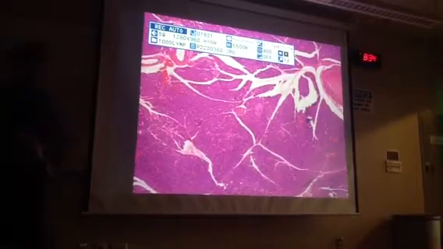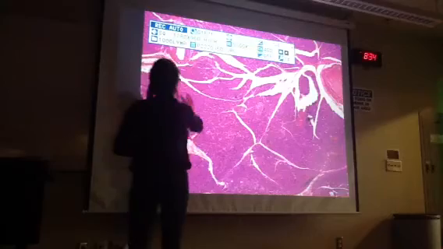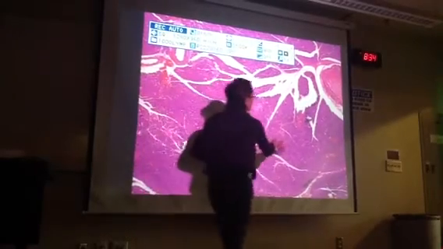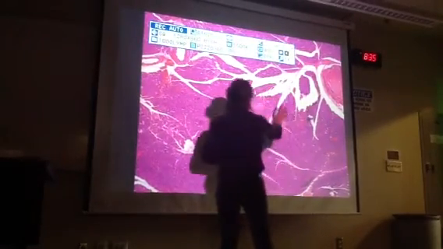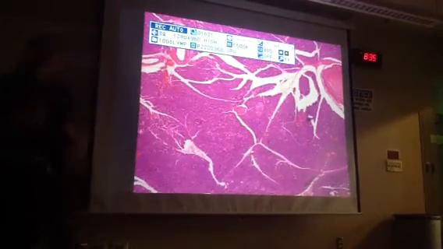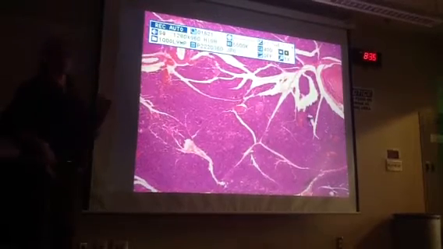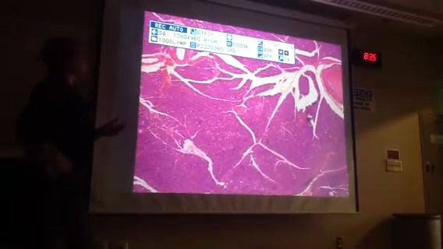This is at 4x, and when you look at the pancreas, most of what you're looking at, all of these purple cells out here, these ones that are staining really dark, those are your acinar or your acini cells. Those are your exocrine cells. They're the ones that are making the digestive enzymes.